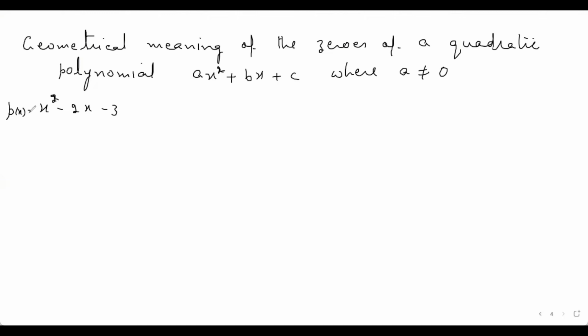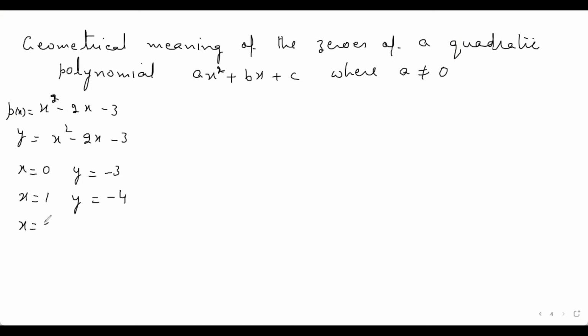This is equal to p(x). So y is equal to x square minus 2x minus 3. First, I'm going to draw its graph. If x is 0, y is equal to minus 3. If x is 1, y is minus 4.